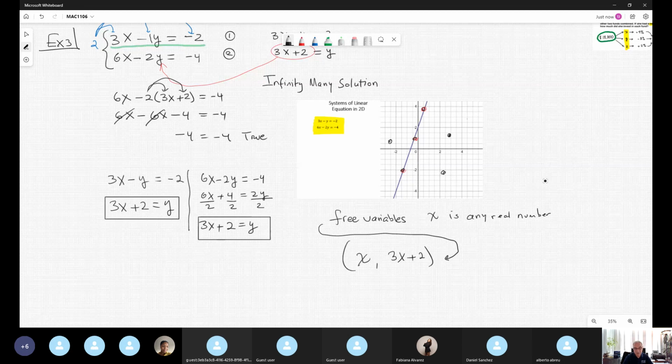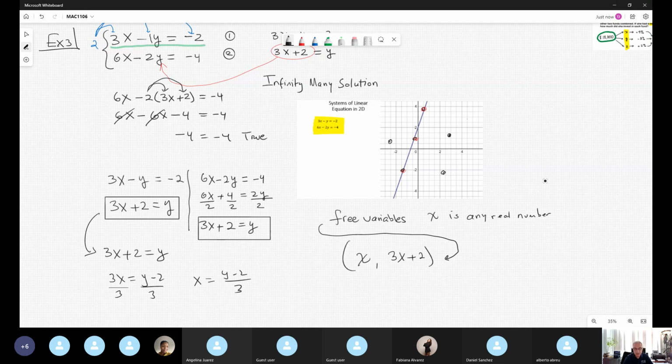Another way is not necessarily declaring always that x is free. Maybe you can declare that y is free and you write x like a function. So, another possibility, I don't like it, but it's possible. You take the equation y equals 3x plus 2 and you solve for x: 3x is equal to y minus 2, divided by 3 on both sides. x is equal to (y minus 2) over 3.